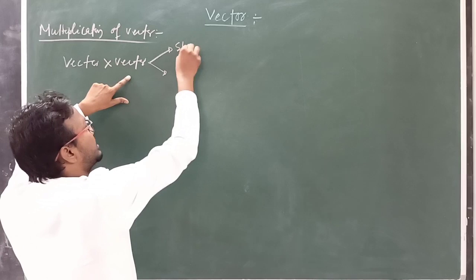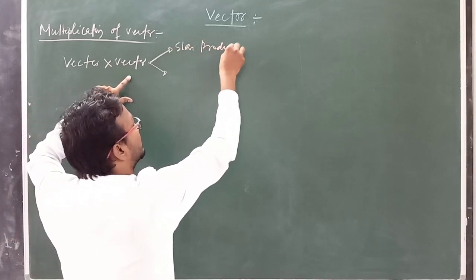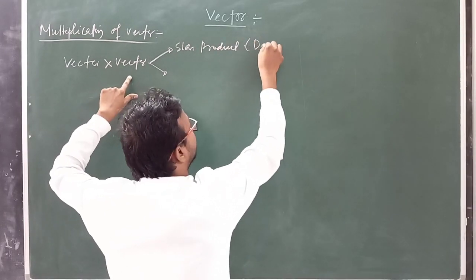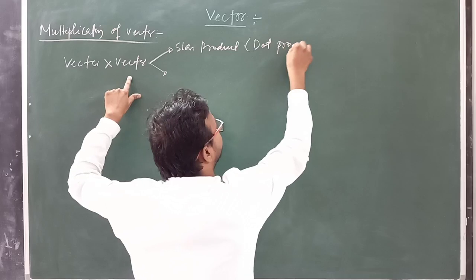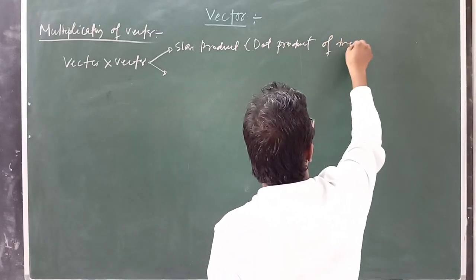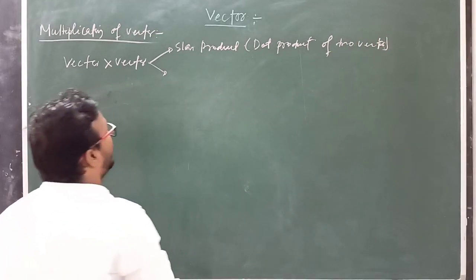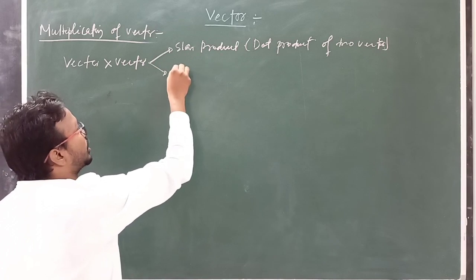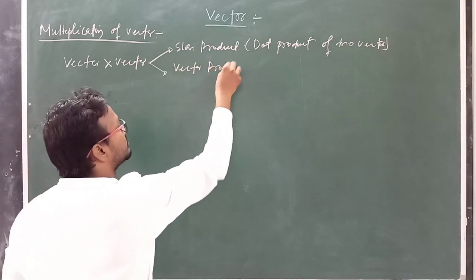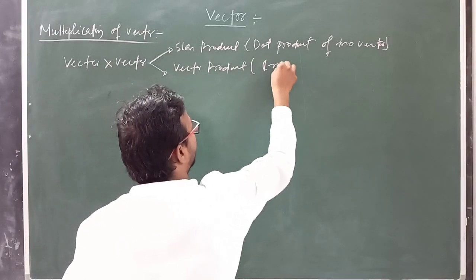The first one is the scalar product, or it is known as the dot product of two vectors. And the second one is the cross product, or you can say vector product, of two vectors.